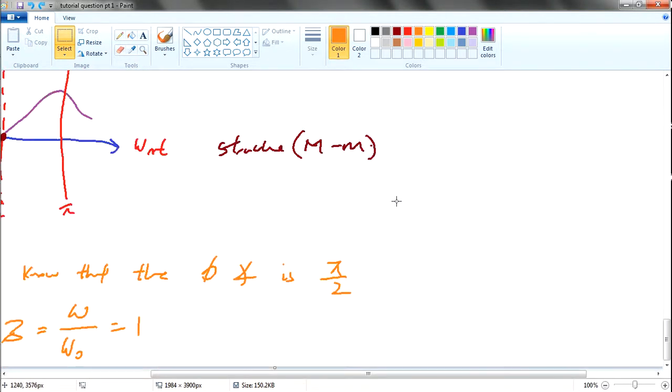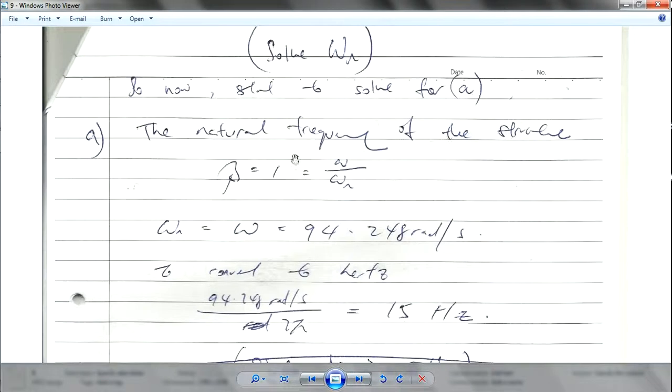We know that beta is equal to 1, which is omega over omega n. Therefore the natural frequency is equal to the system frequency, which is why there is resonance. So the natural frequency is 94.248 radians per second.